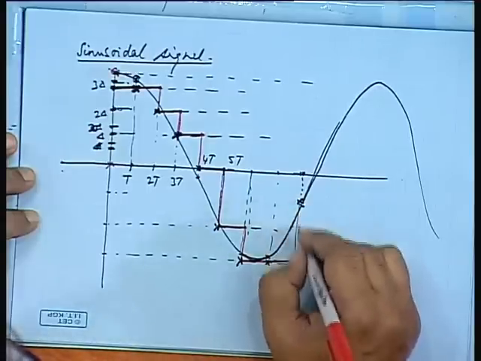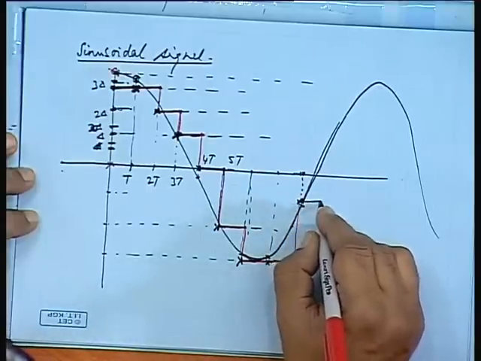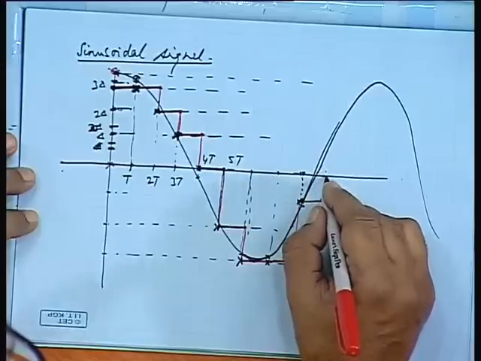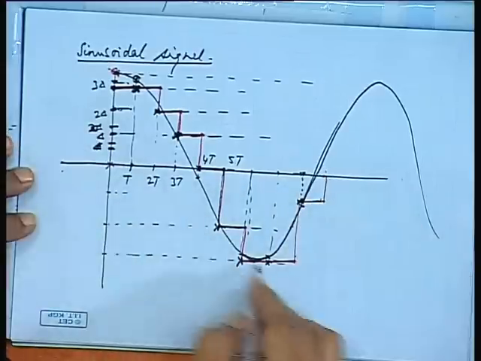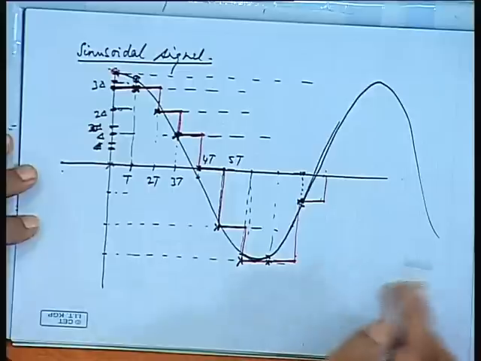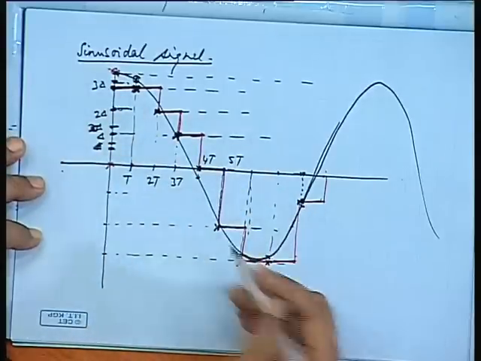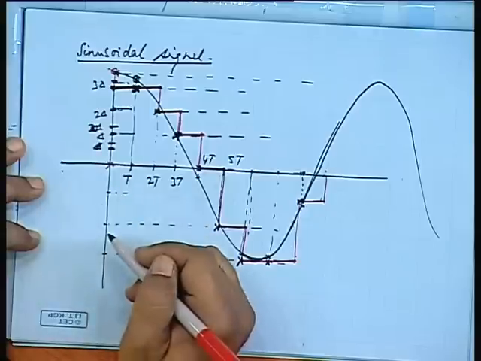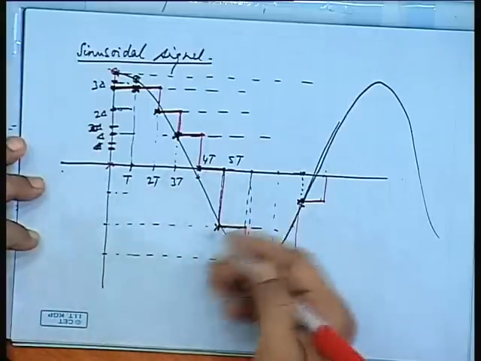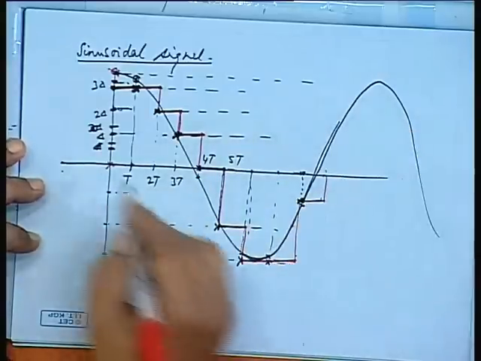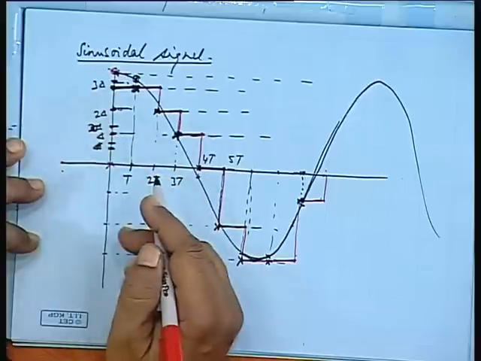So, you can see maybe somewhere close to 0. This will be the representation, that this red blocks, that will be the representation of the sinusoid. It will be changing if I change the sampling time. It will be approximating close to the sinusoid if I have more number of bits.